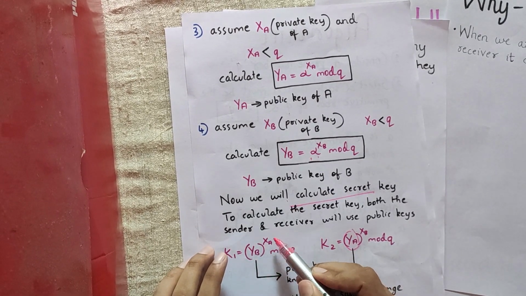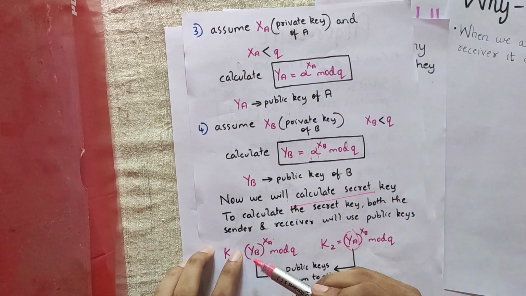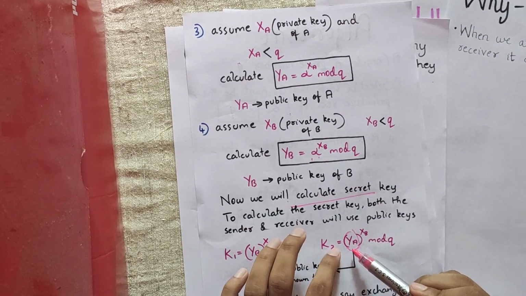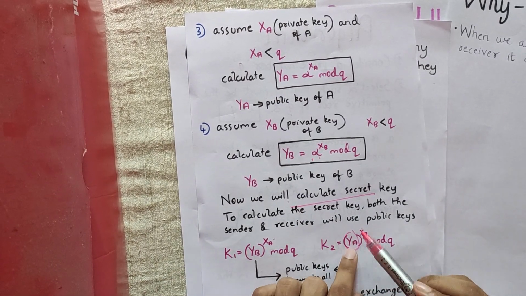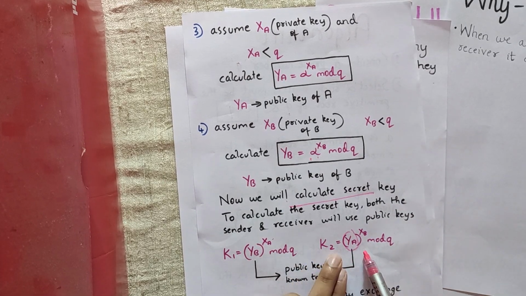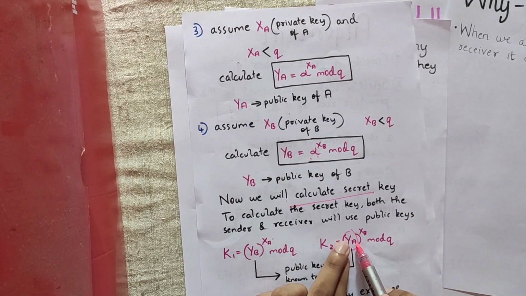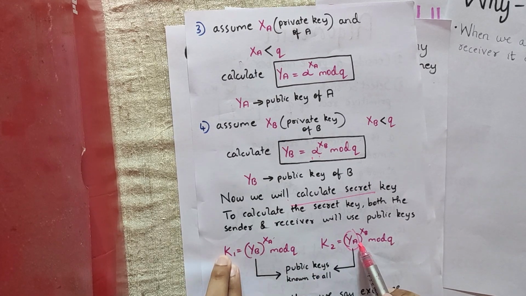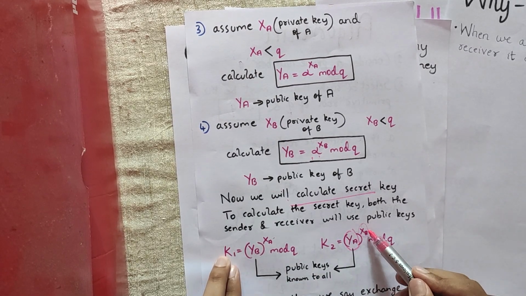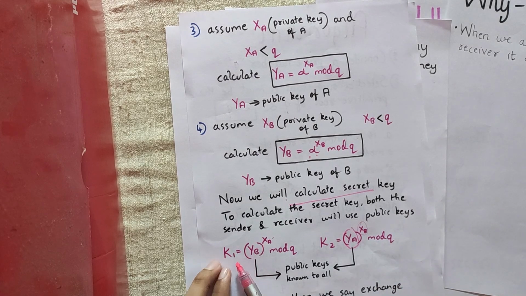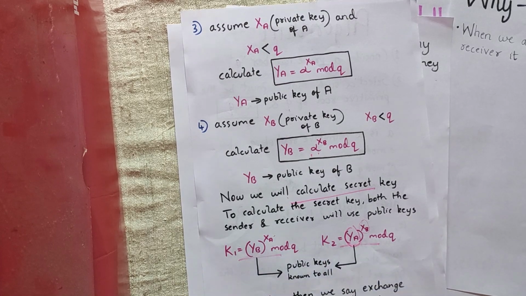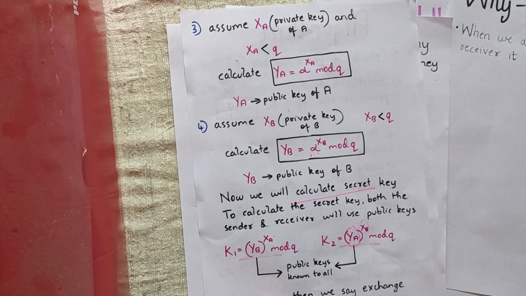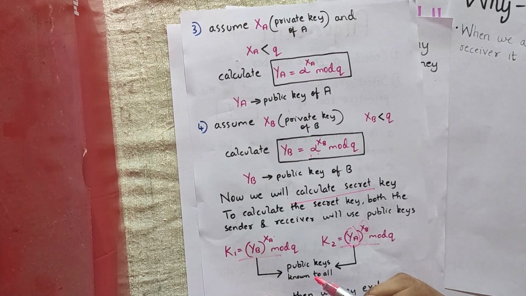XA is the private key of A, and YB is the public key of the other person. In the case of the other person, YA is the public key of A, and XB is the private key of that person itself. These two equations are used to find the keys, and if these keys are equal, then we can say the exchange is successful. The key exchange is done in a secured way.